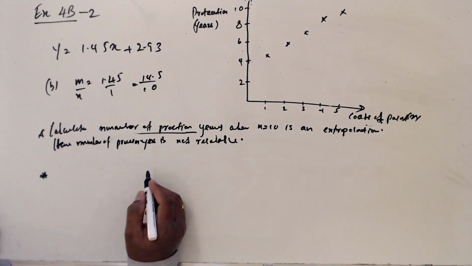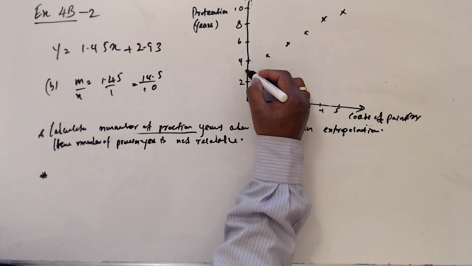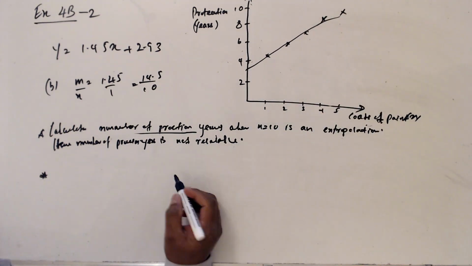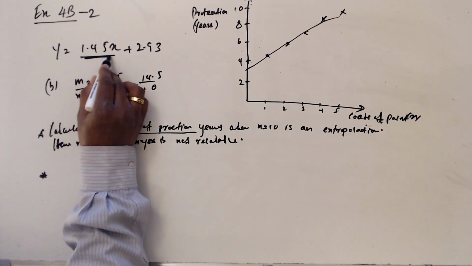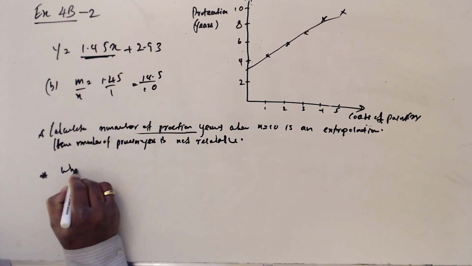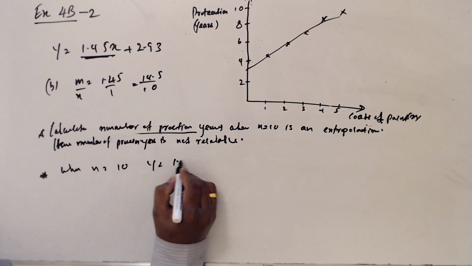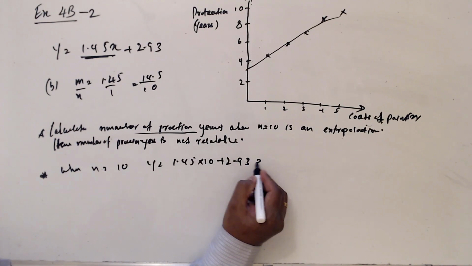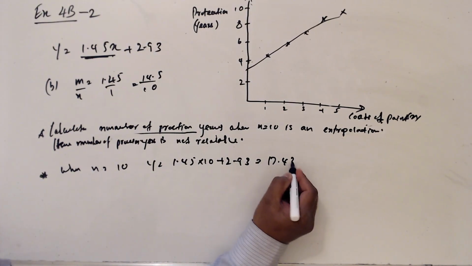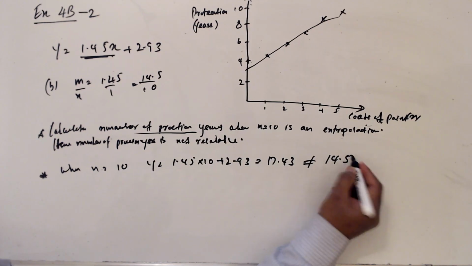And the other point: when n equals 10, the y value is 1.45 times 10 plus 2.93, which is 17.43, not equal to 14.5.